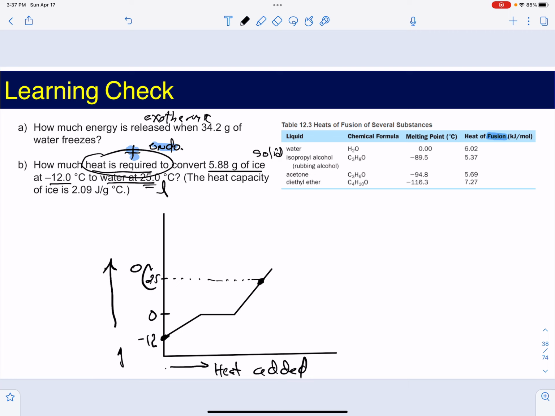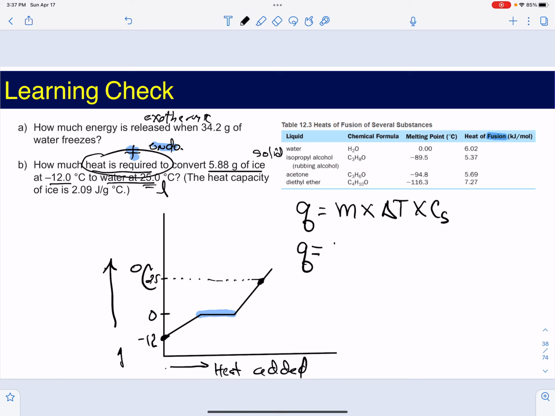So we're going to have to calculate heat. I showed you 2 ways to calculate heat. Q equals the mass times the change in temperature times the specific heat. That's from chapter 3. And we also learned a few hours ago that you can also calculate the heat for a phase change, which is what happens on the horizontal line.